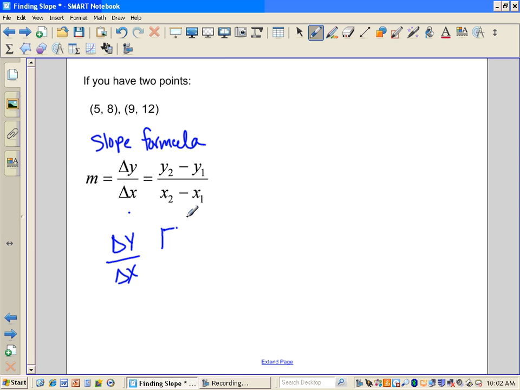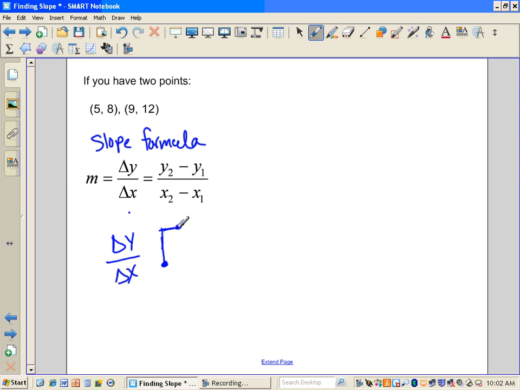Well, the problem is, since we don't have a graph of it, we're just going to find the rise by finding the difference in the y values. Okay, if I was going from this point to this point, I need to find the y values. How far am I going from this to get up to here? So I just have to subtract the y values. That's what this is showing here. Subtract the y values.